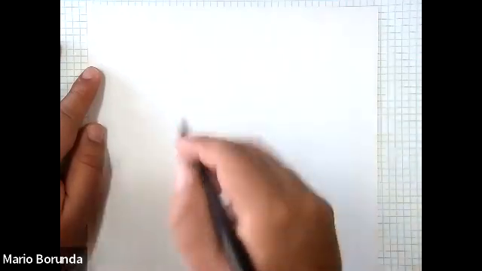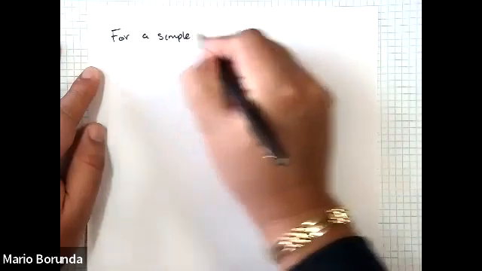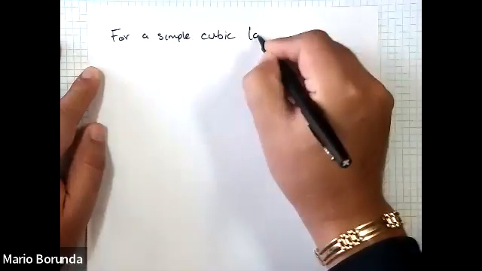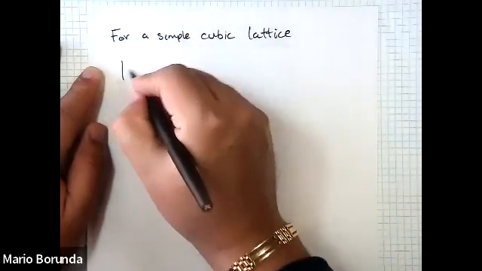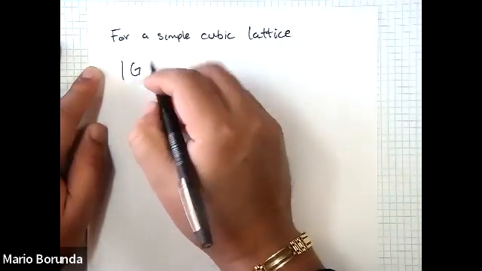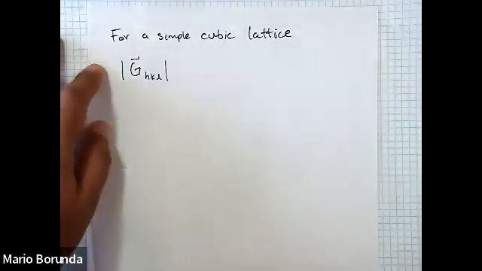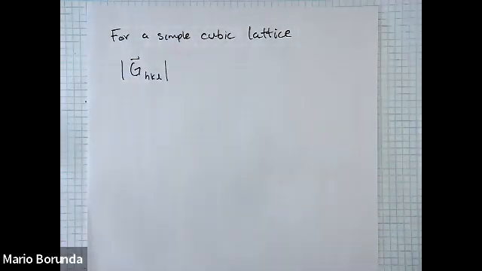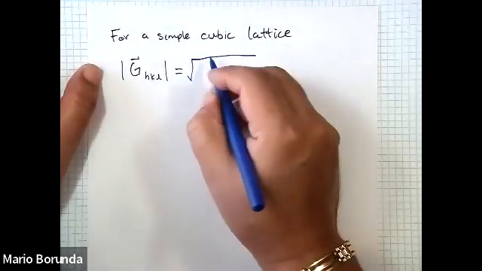So we're going to have, for a simple cubic, what we want to do is show first, what is this magnitude? And remember, this is simple cubic, right? So how do we get the magnitude of a vector? We take the square root of the dot product.